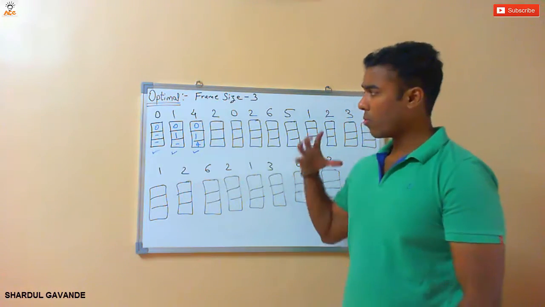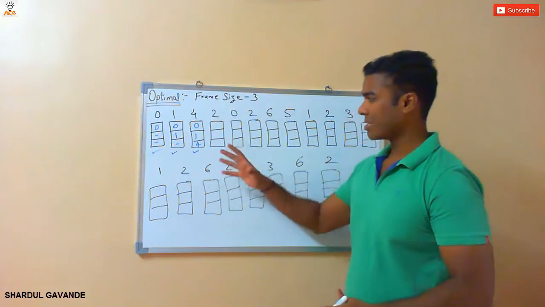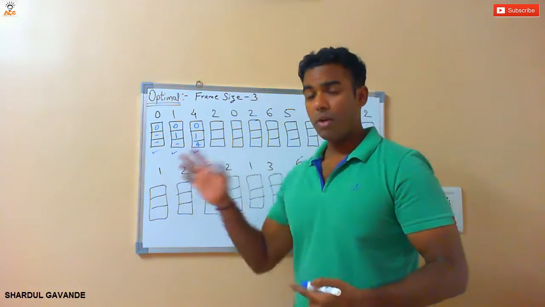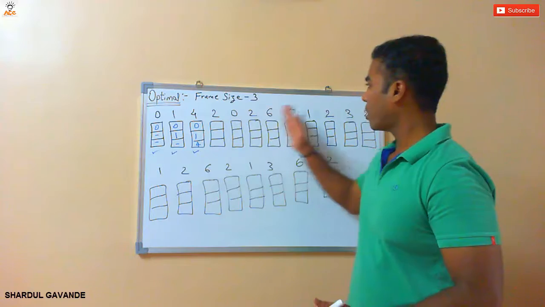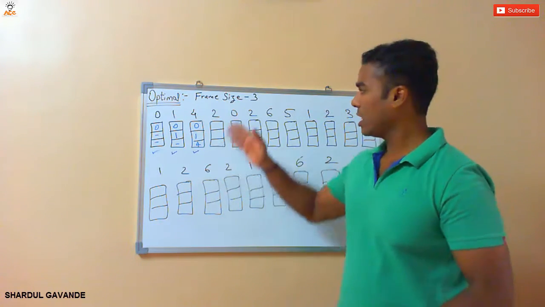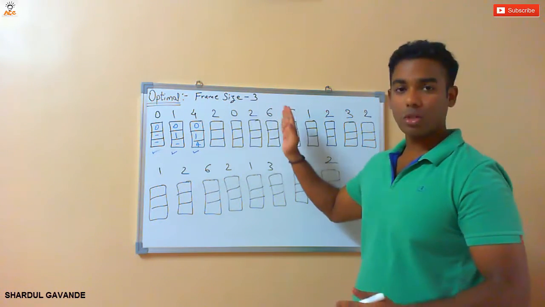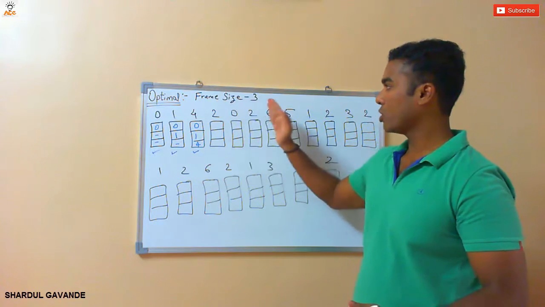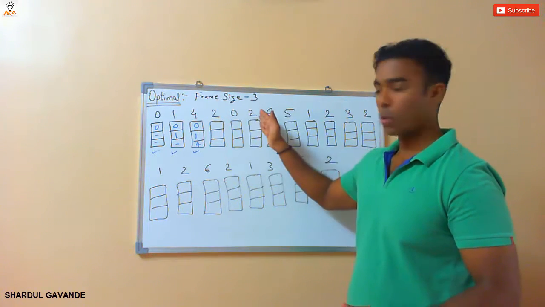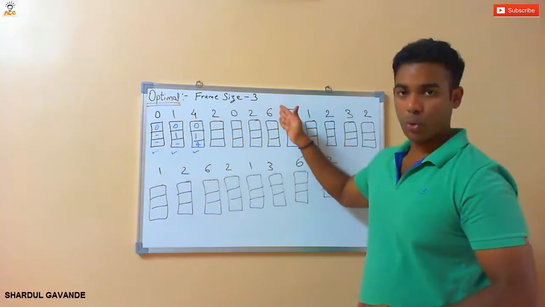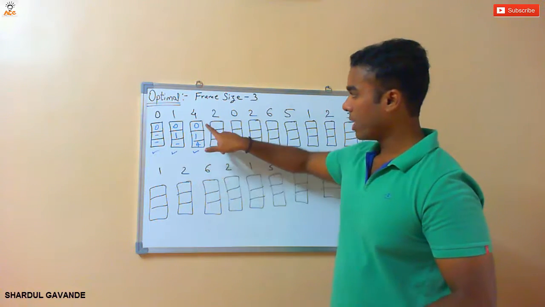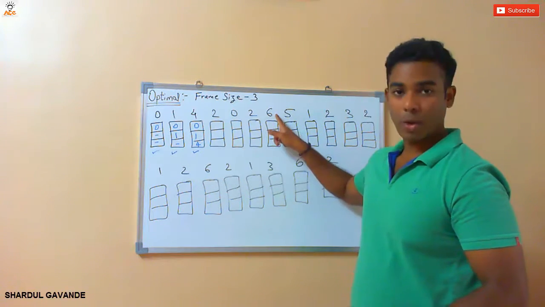Now what the optimal page replacement algorithm says is to replace the number which will not be required in further page sequences, or at least in the next 3 to 4 subsequent numbers. Mostly we will take 4 subsequent numbers. So do we require 0 in the next 4 subsequent numbers?